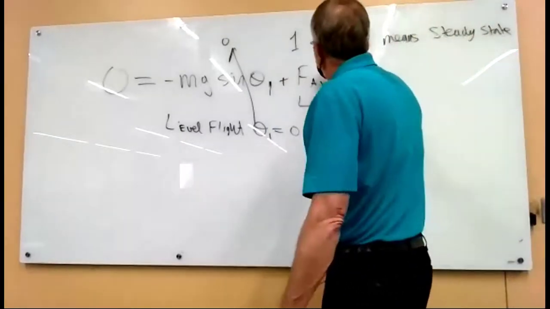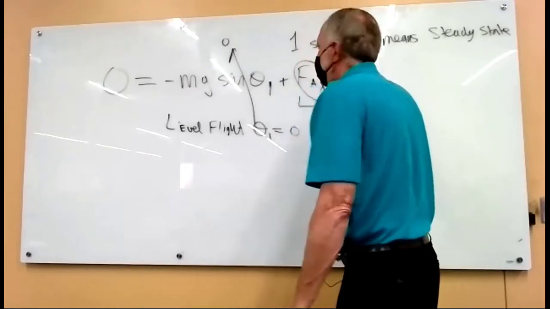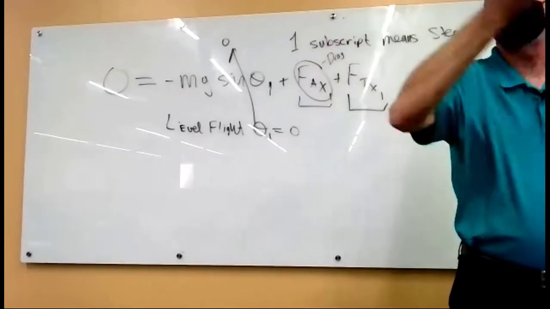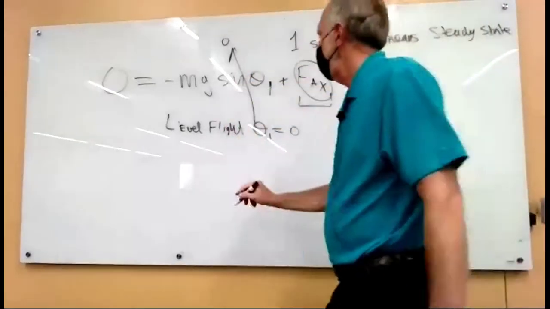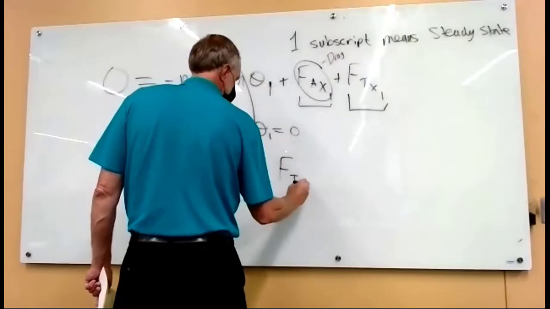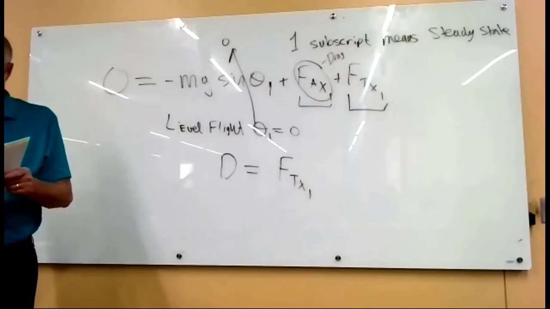Well, the aerodynamic X force is the negative of the drag. The drag acts in the negative X direction. FAX is forward, so this is negative drag. If you push it over to the other side, you get thrust equals drag, which is one of the basic equations we can get from just a pure free body diagram for the airplane drawn in steady state. So that validates what we've done.